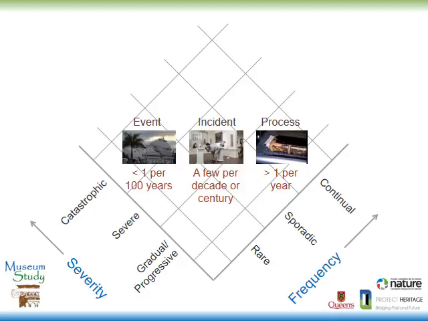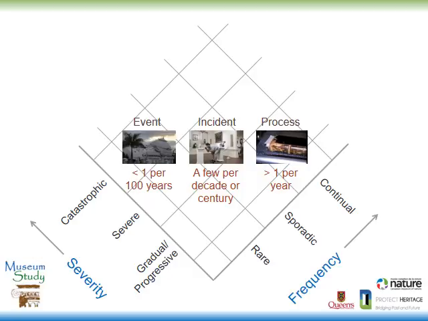Now, just how we define these, we define a type 1 risk to be a rare event, and specifically one that occurs less than or equal to 1 per 100 years. That would be a type 1 risk.